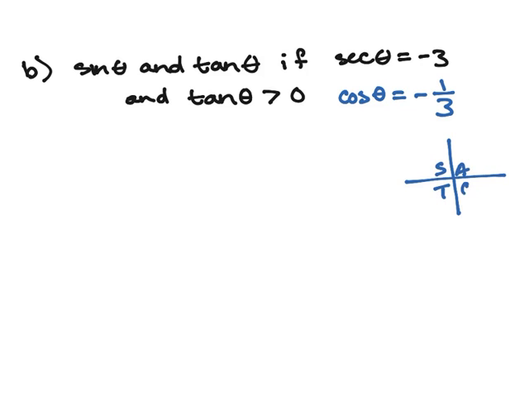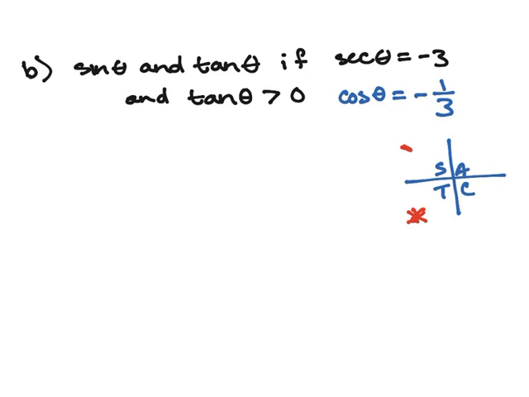Now let's determine which quadrant we're in. Cosine's negative, that's going to happen in quadrants 2 or 3, and tangent is positive, so we are in quadrant 3.